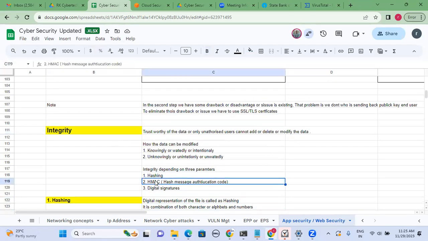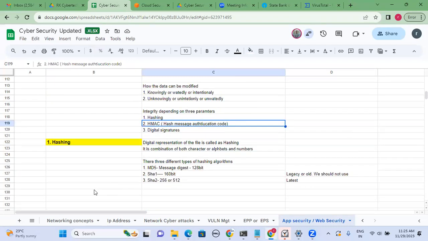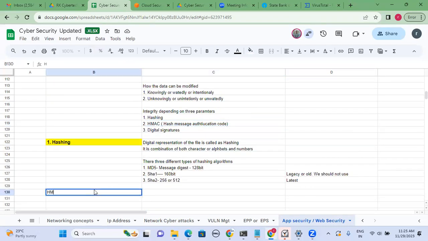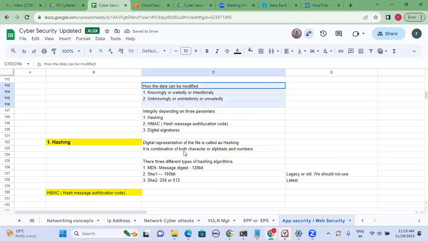What is the second one now? HMAC. So the second one is HMAC, hash message authentication code. Whenever any end user is accessing a file and modifying the content of the data, right now I'm accessing this file and modifying the data, updating, adding or deleting.